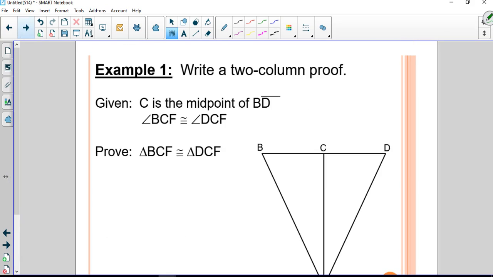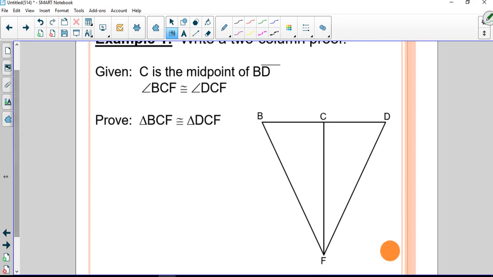So here we go. If this was not a proof, and it was just the other day, and we were told that C was the midpoint of BD, well, we would just go ahead and mark this right there. And then BCF, from B to C to F, means this angle, not necessarily 90, whether it looks like it or not, is equal to DCF. Well, of course, if they're both equal to each other and they form a straight line, we know they're 90, but we can mark it just like that.